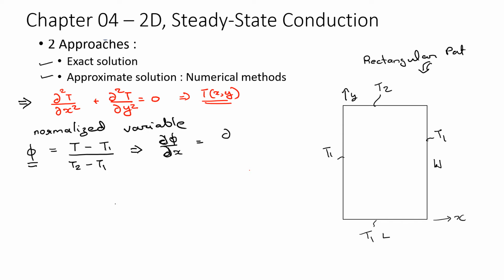That will be your del T by del x into 1 upon T2 minus T1, minus del T1 by del x divided by T2 minus T1. But because T1 is constant, this will be 0, and the only term remaining will be your del T by del x.